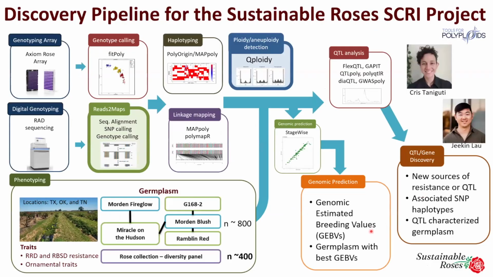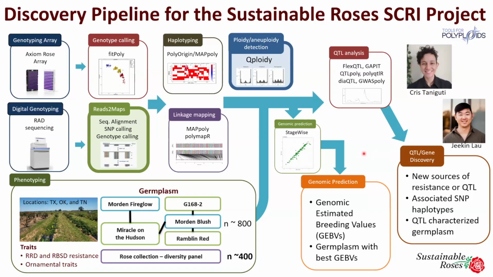This is the complex slide that I often show to show you the pipeline that we now have for genetic analysis in roses. And as I said before, this is partly from the Tools for Polyploids project, and Christina Gucci and Jikan Lau used to be postdocs in the program, who have now moved on to greener pastures.